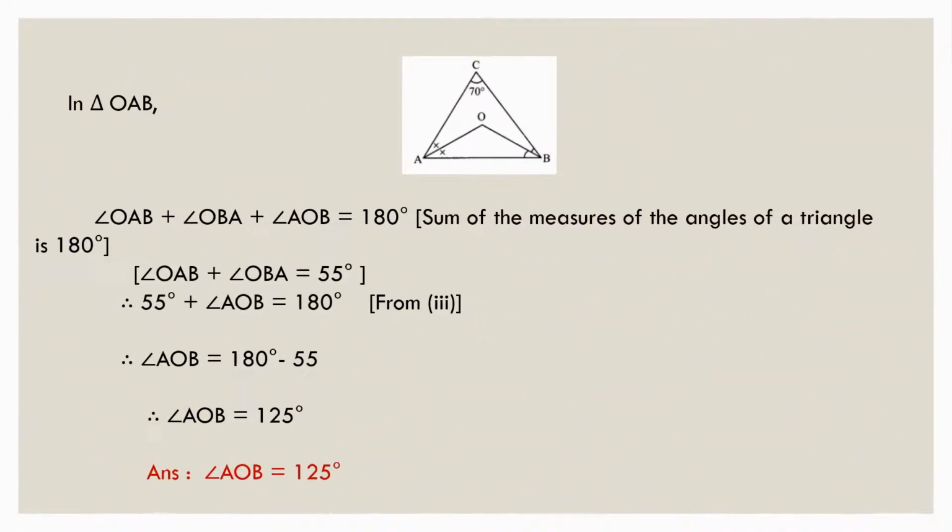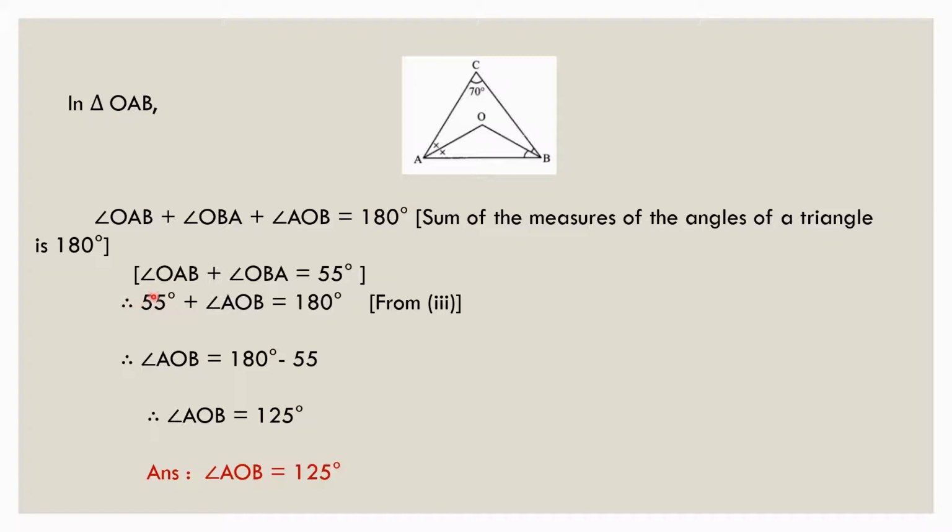Now I am considering the triangle OAB. Then angle OAB plus angle OBA plus angle AOB is equal to 180 degrees, that is, the sum of the measures of the angles of a triangle is 180 degrees. And angle OAB plus angle OBA is equal to 55 degrees from equation 3.